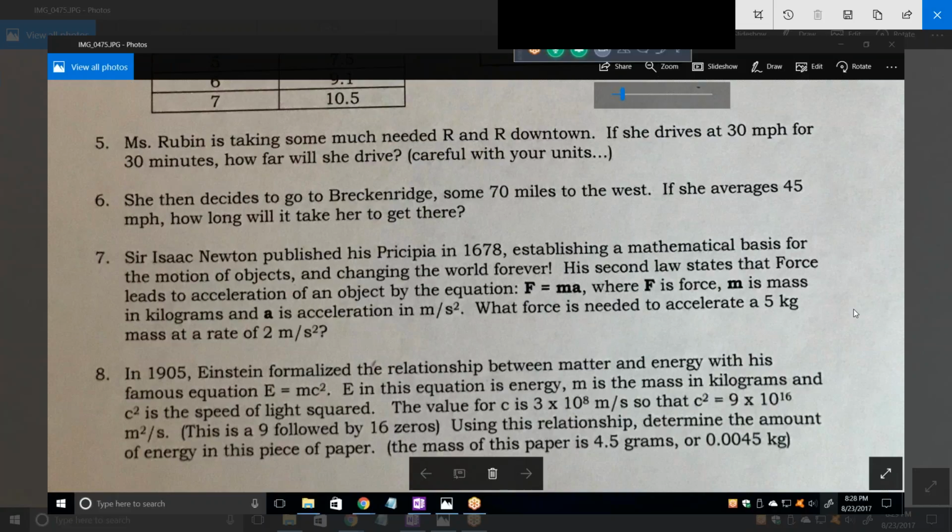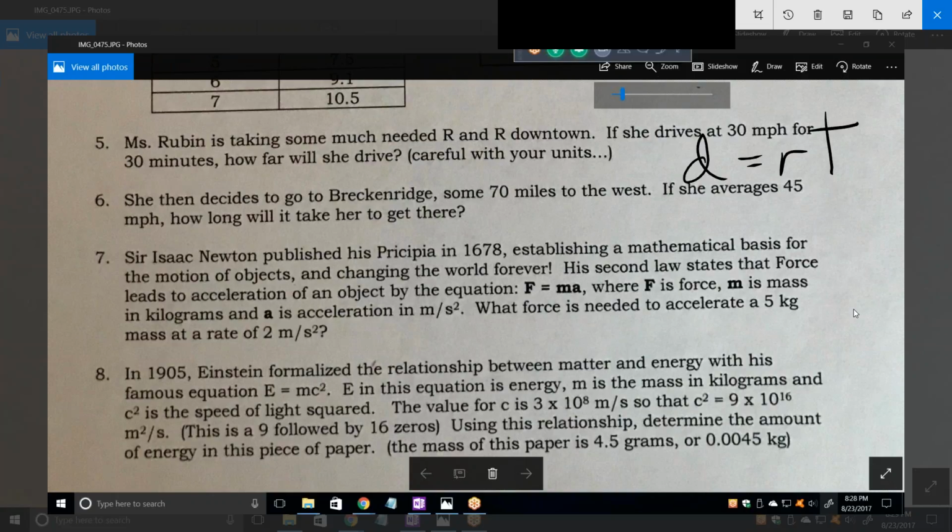So I got to have the master equation. What is it? Would it be 30 mph over 30 minutes? Give me the master equation, not with numbers. Master equation. D equals RT, dirt. That's the way I remember it, dirt.